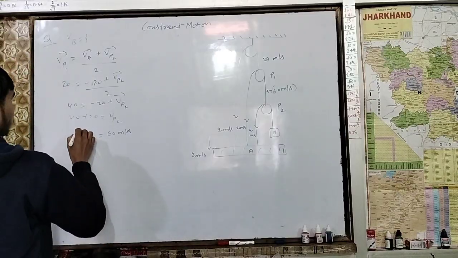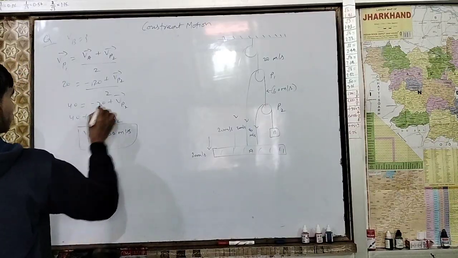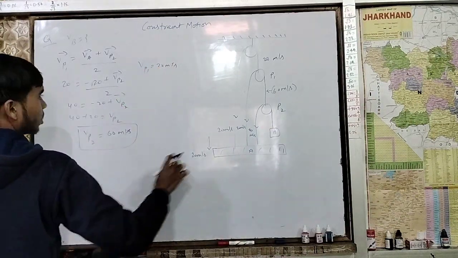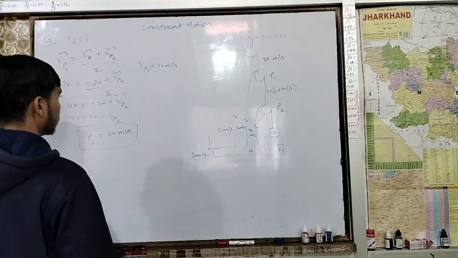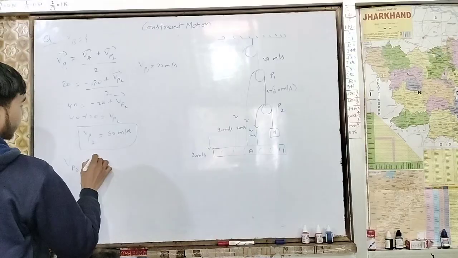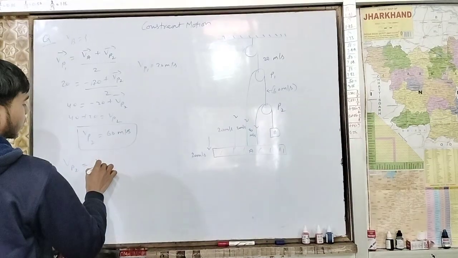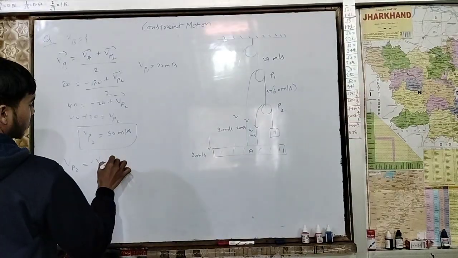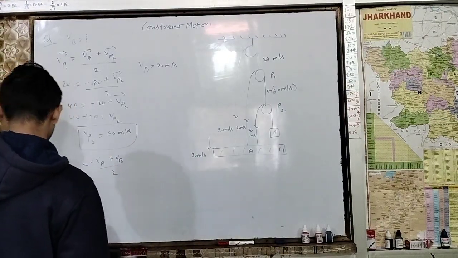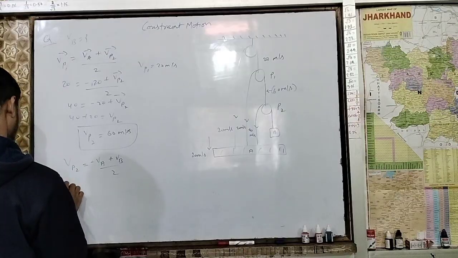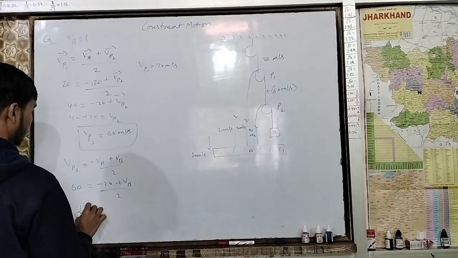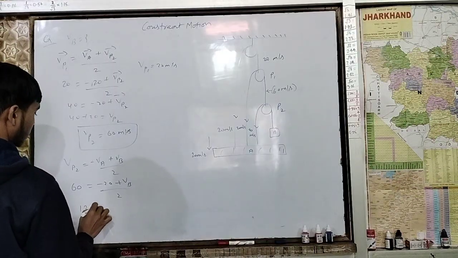Now we got a value of Vp2. Vp1 is 20 meter per second. Now what about block B? So you can write Vp2 is equal to block A plus block B upon 2. 60 minus 20 plus Vb upon 2, 120 plus 20.